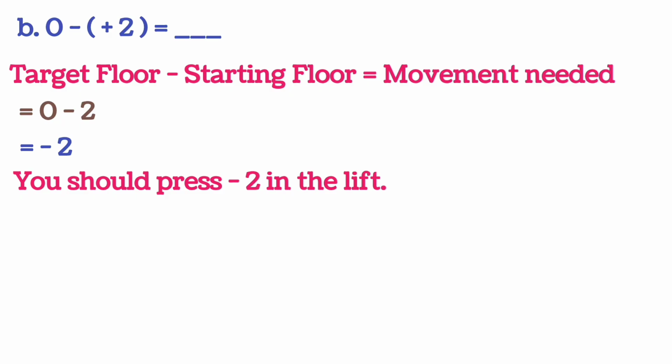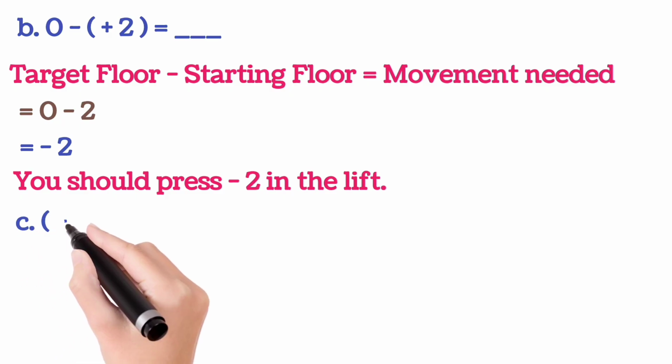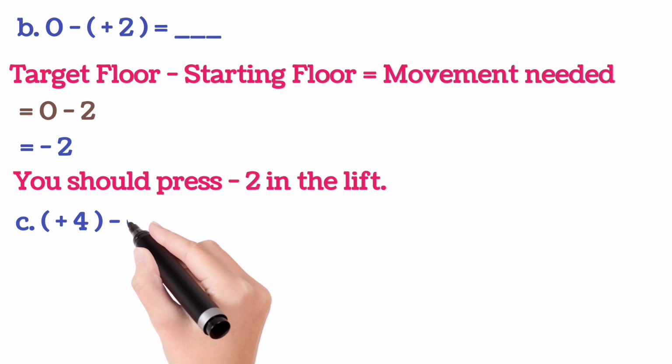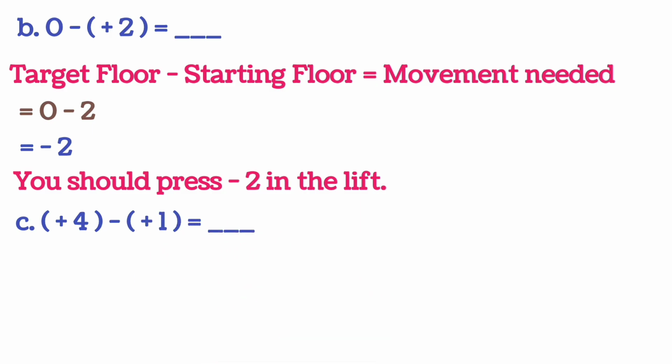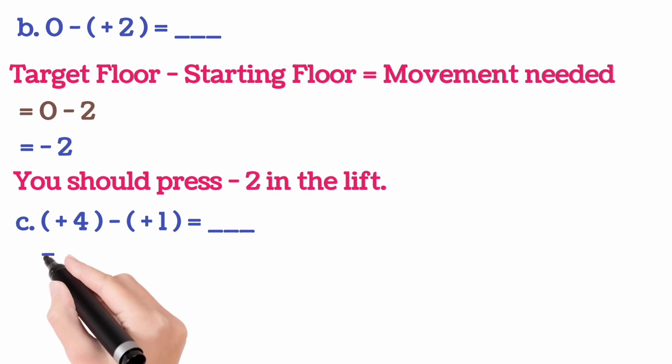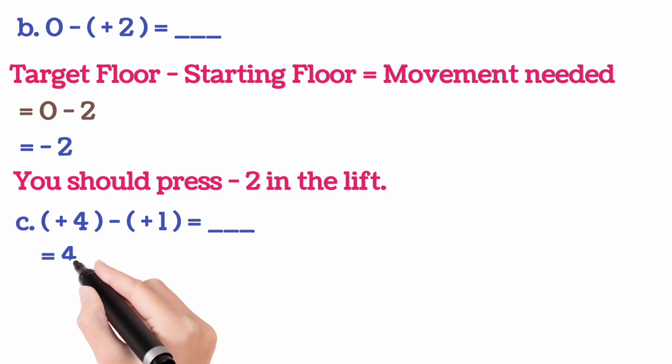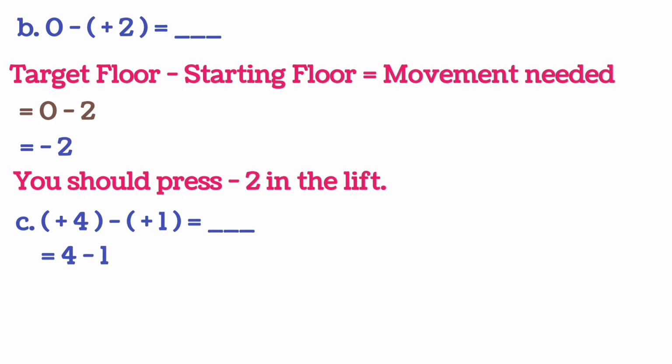That is sum number C: plus 4 minus plus 1 equals movement needed. Your target floor is plus 4, meaning fourth floor, and at present you are on the first floor. So which button will you press? Let us solve. 4 minus plus 1, so 4 minus 1.